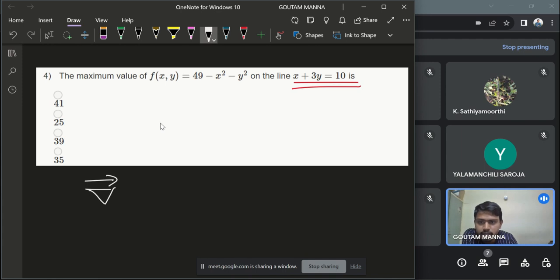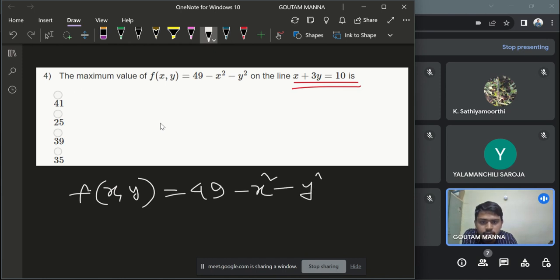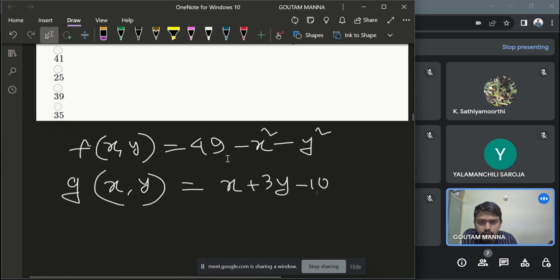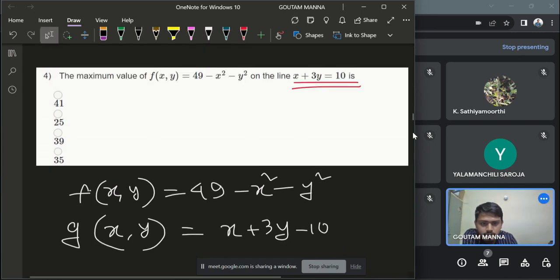So f of xy is 49 minus x square minus y square, and calling the equation of this line, this constraint, g: the constraint is x plus 3y minus 10 equals 0.